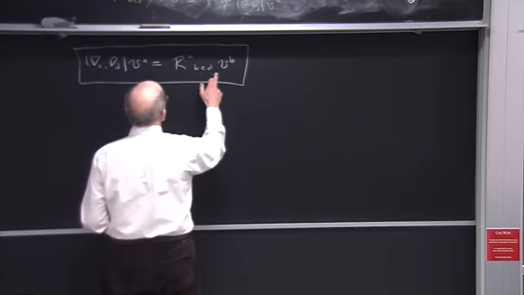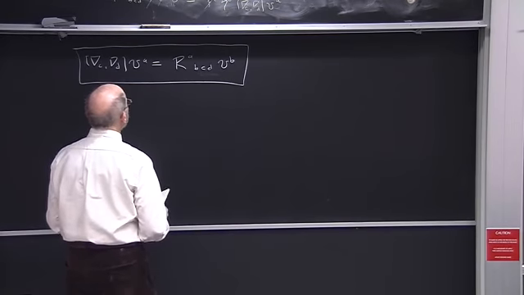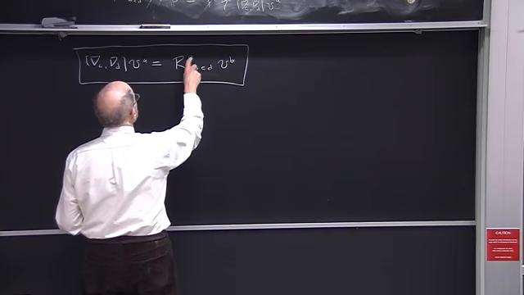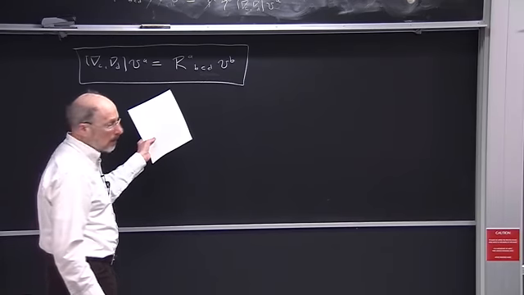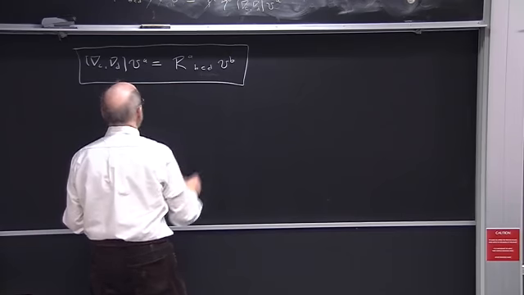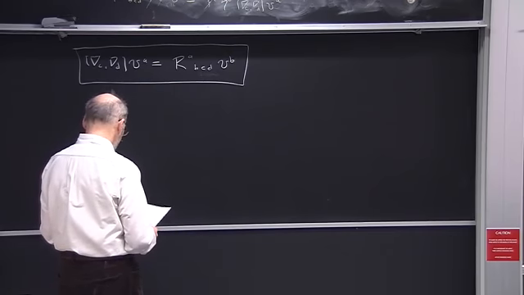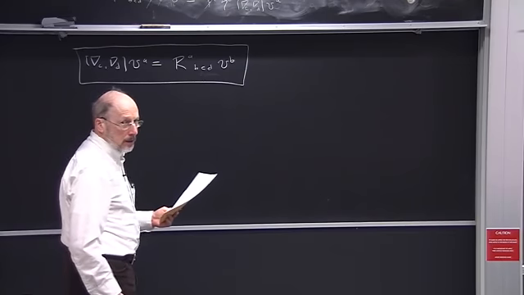But I think this is the most common. It's especially most common not to switch the first two indices. Anyway, with this choice of convention, this defines the Riemann tensor. Okay. So any questions on that?